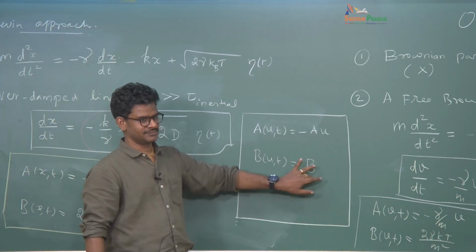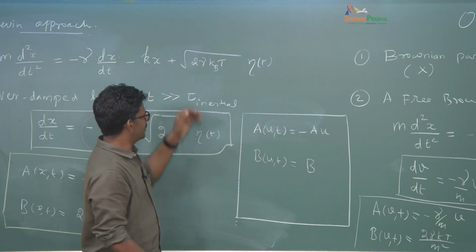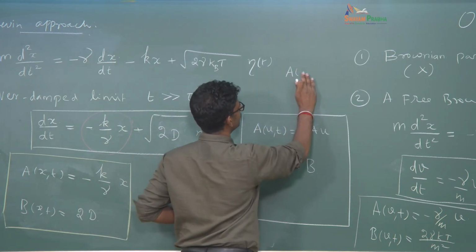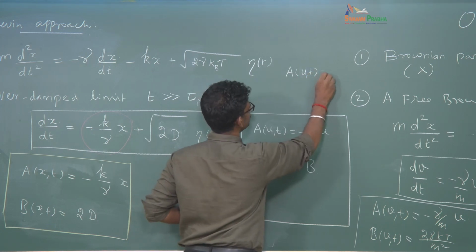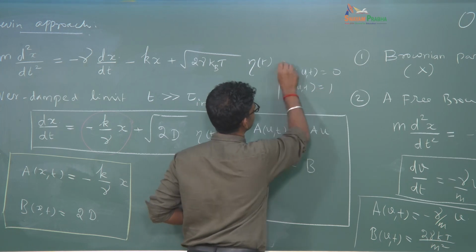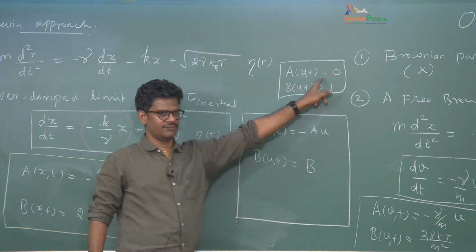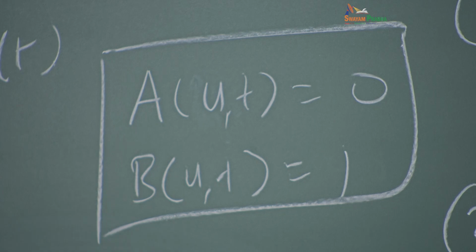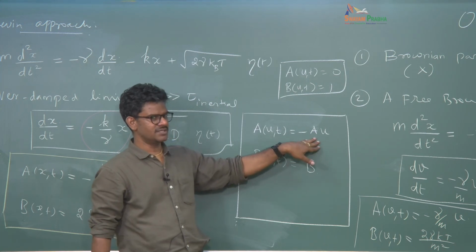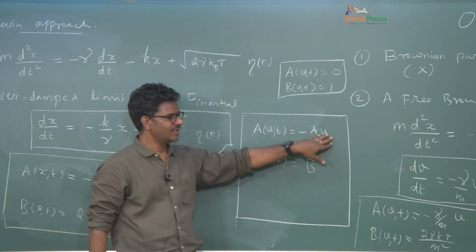I already remarked that in the case of Wiener process, a of u comma t was 0 and b of u comma t was 1. This is one class of problem which we call a Wiener process. Now we have another situation where a is not 0 anymore; a is minus some constant times the random variable itself.